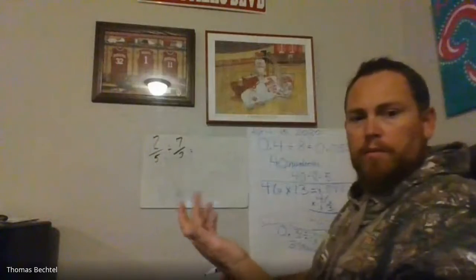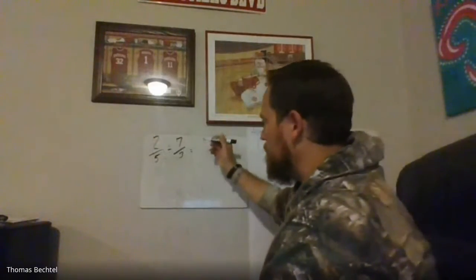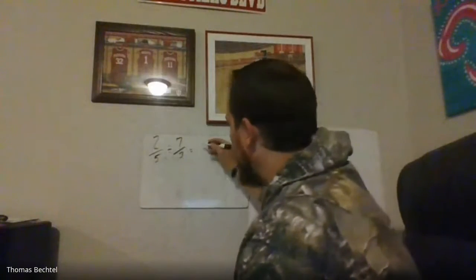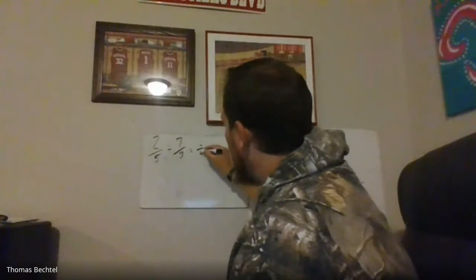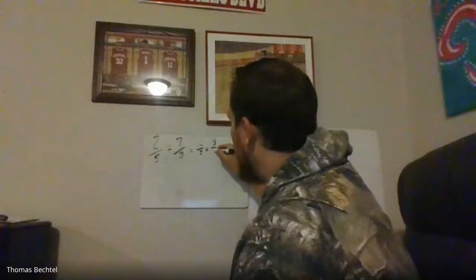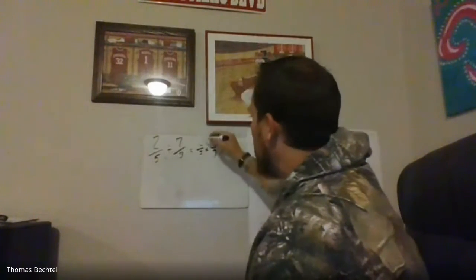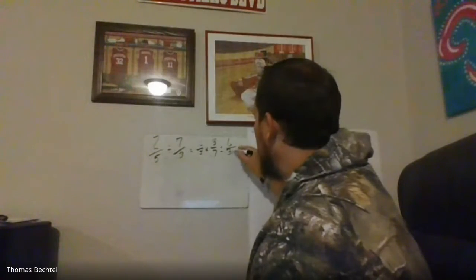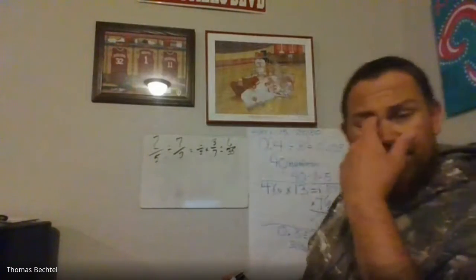Okay, so we just go ahead and look at the way we've previously talked about. Just reciprocate: 2/5 times 3/7. 2 times 3 is 6. 5 times 7 is 35.